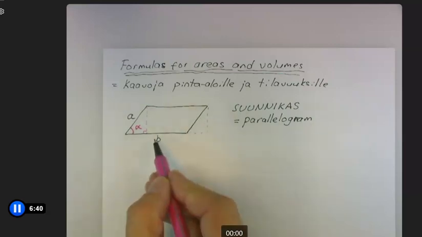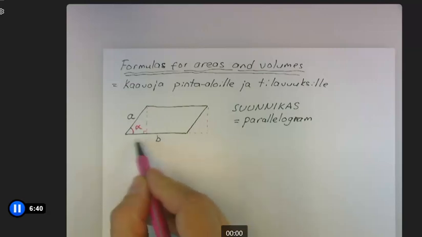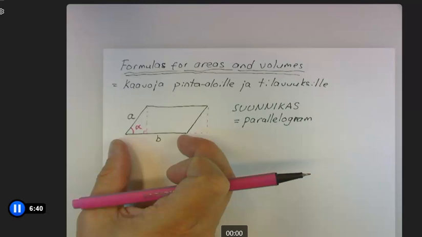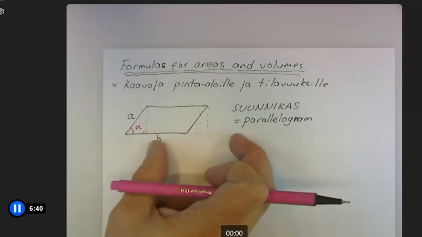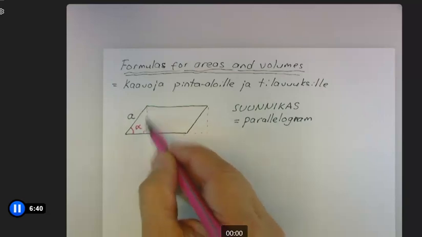And the base or width of that rectangle would be B, the same as in this figure. For this suunnikas or parallelogram, it only moves a little bit to the right, and this side we need to know, and it is the height or altitude of the figure.